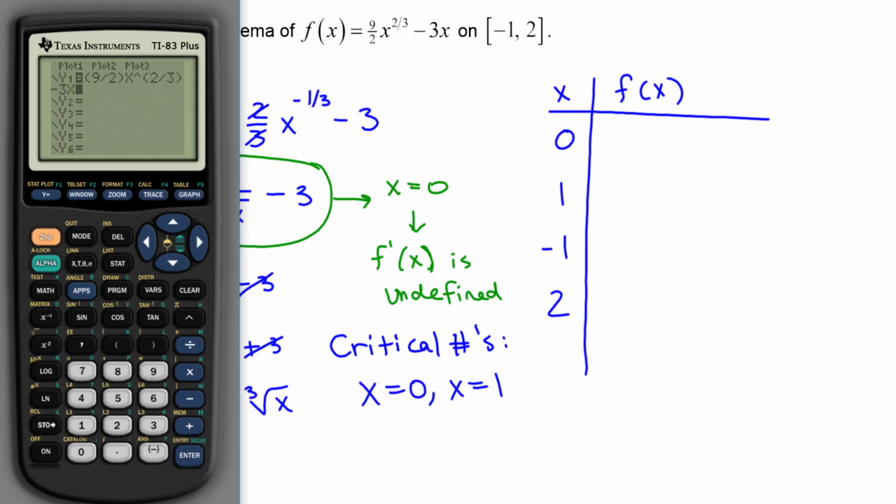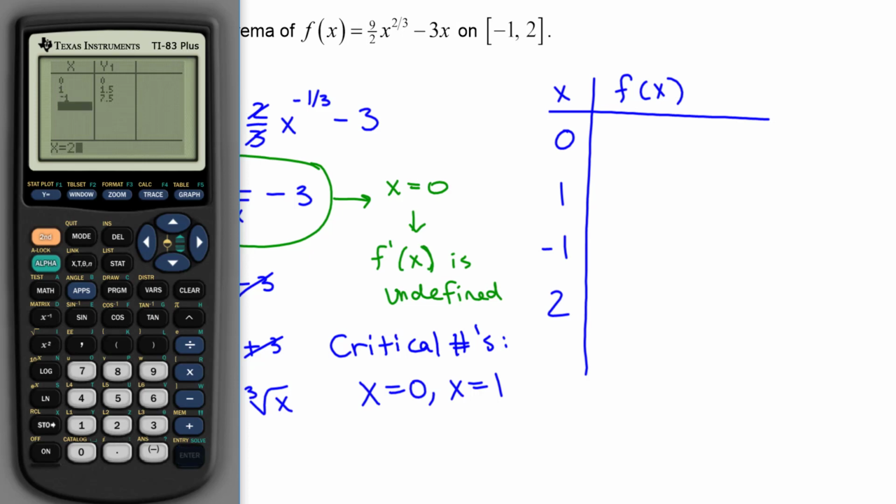And then, once that's done, my table's already set from the previous example, so I'm just going to go into the table itself, and I can start plugging in the values that are of interest here. So 0 and 1, -1, and 2.